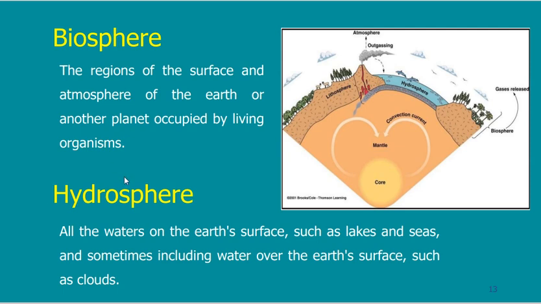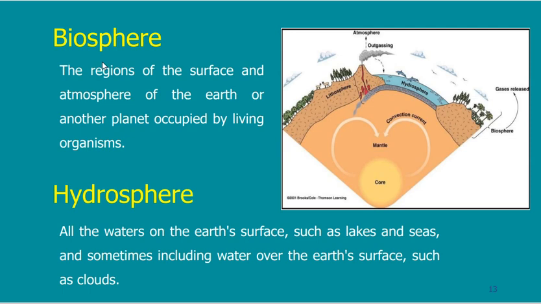So hydrosphere and biosphere, they may be more or less at the same location, but I am describing them from different perspectives. One is describing the living organisms, one is describing the existence of water. So they may be at the same location.